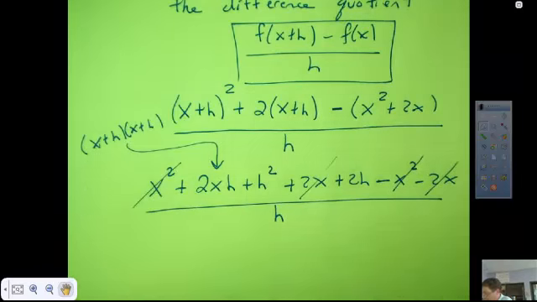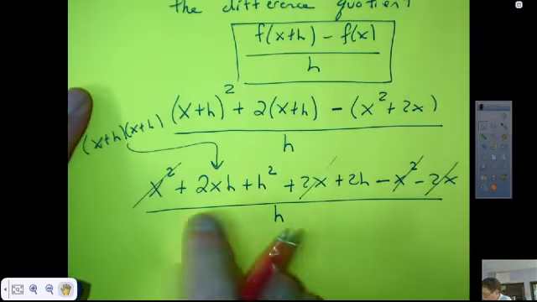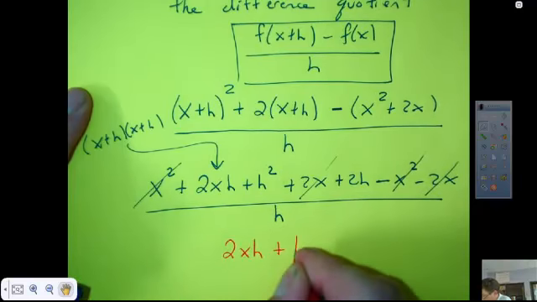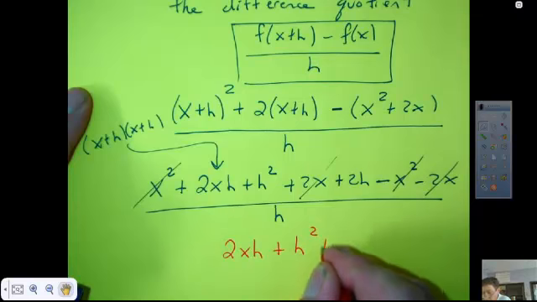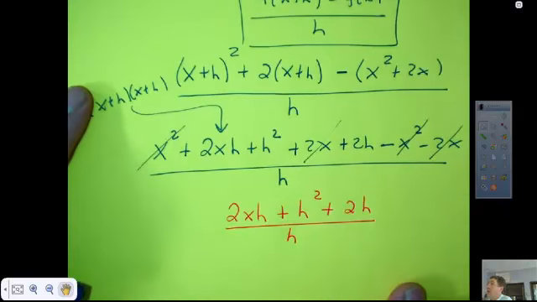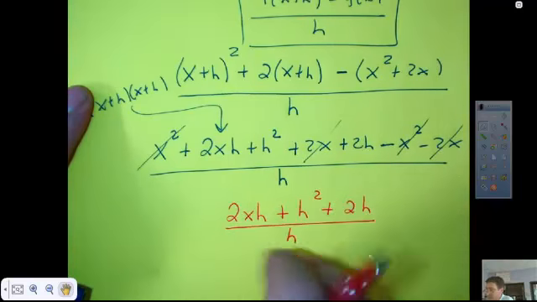Well, I have 2xh plus h squared plus 2h, divided by h. We can get rid of the h's. In fact, every term has an h in it, so I'm going to factor it out. I prefer you factor it out so you make sure, because it has to be in every term to cancel it.